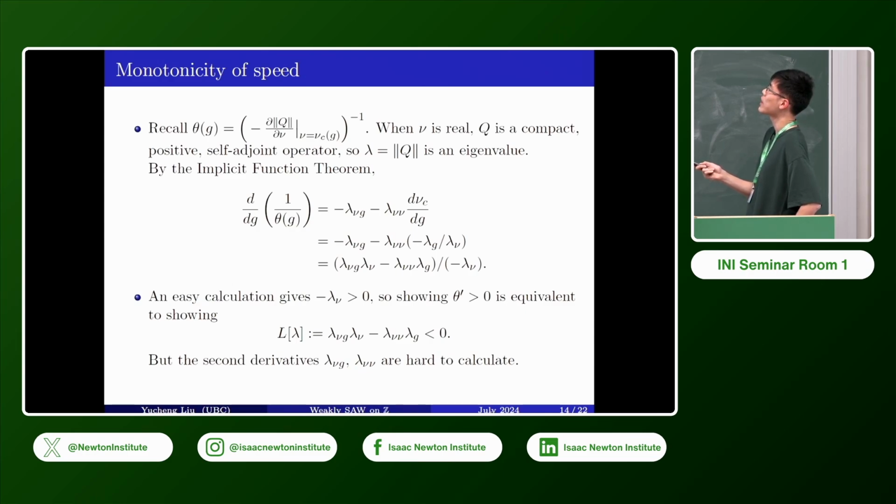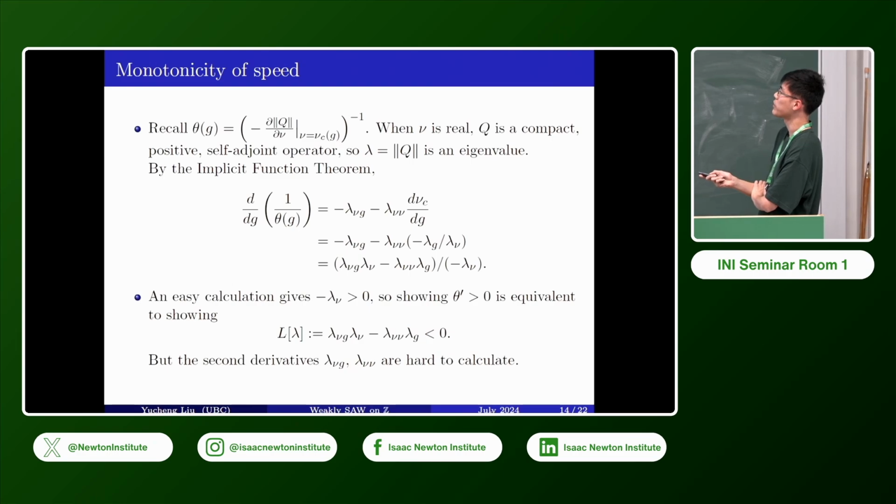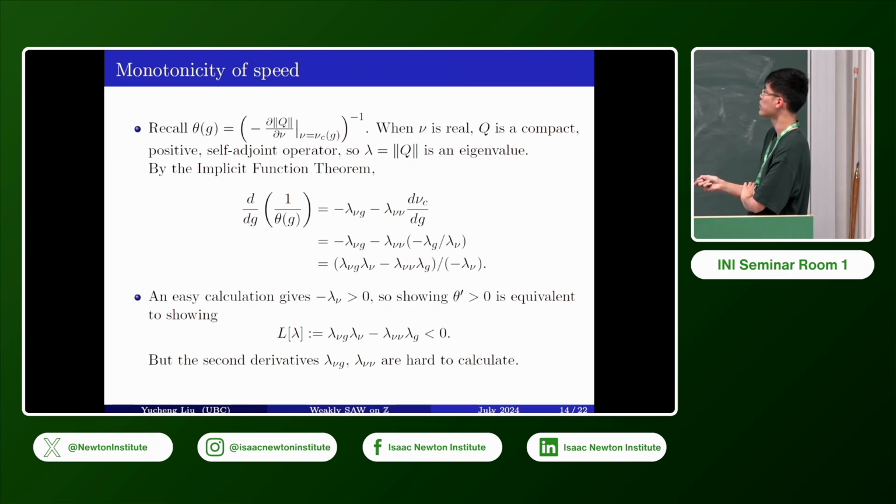If I write my lambda as the norm of q, and I differentiate in g, I get the cross derivative in nu and g, subtracted the double derivative in nu, with the chain rule being the derivative of nu c in g. After some calculation, we'll see that what we really need to show is this combination of mixed derivatives to be positive, because this denominator here is positive. So what we will do is to show this combination to be negative, sorry.